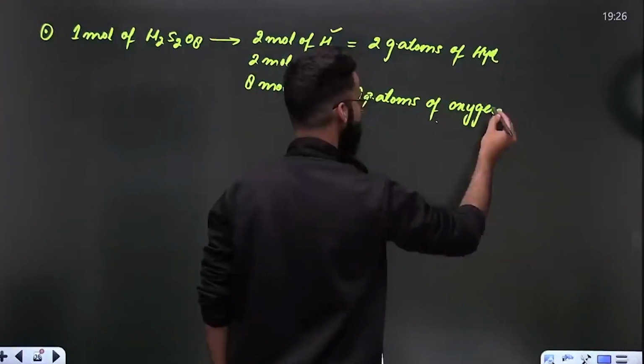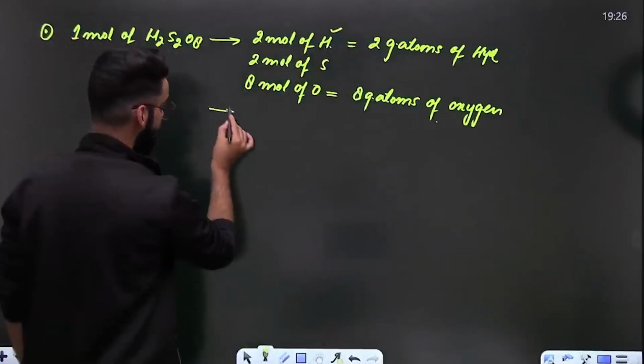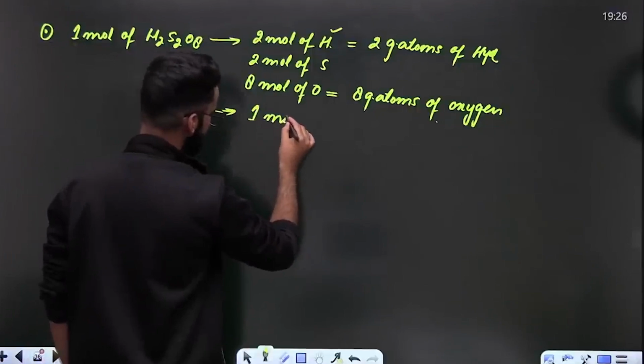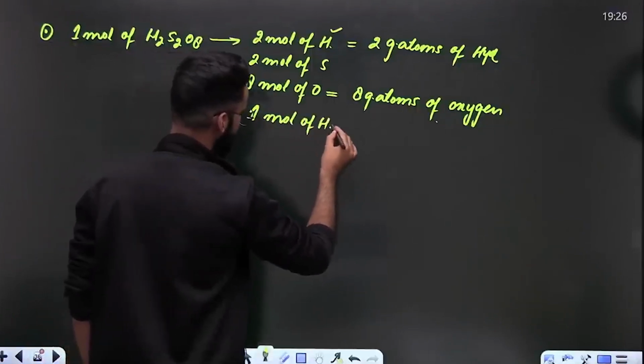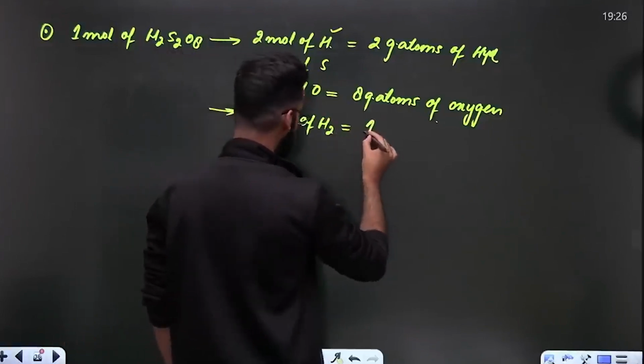Now, these two statements, can you convert them into gram molecules? I want you guys to do that. Convert them into gram molecule. Can I say 1 mole of H2S2O8 contains 1 mole of H2? Hydrogen here is in molecular form. So instead of mole, you'll write gram molecule.